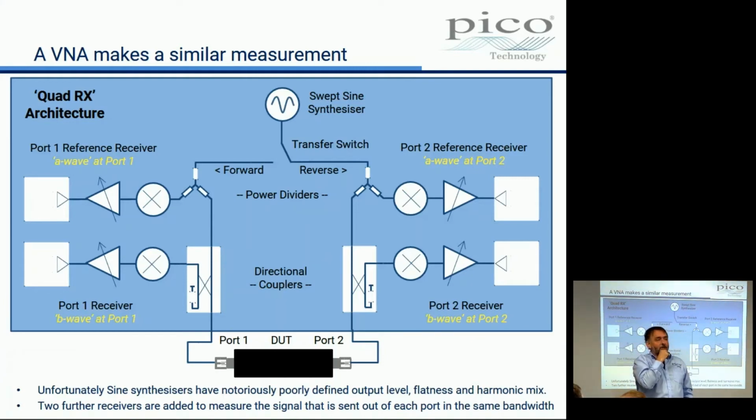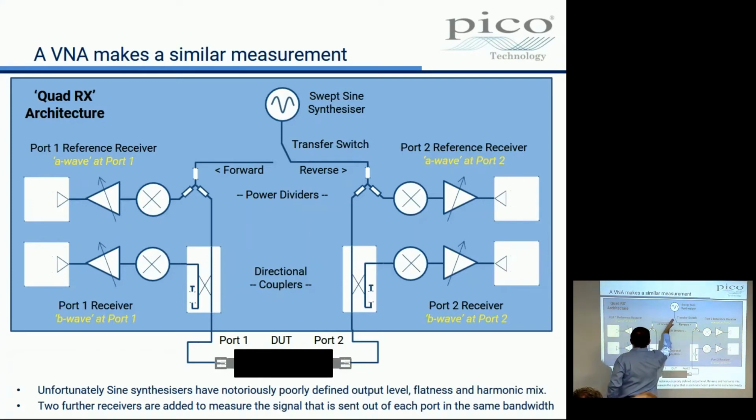If you look at signal generator specs, you'll see specifications around 0.5 dB flatness or 1 dB flatness. Well, that's 10% error if there's a flatness error that big. We need to know this signal much, much more accurately than plus or minus 1 dB. So we're going to introduce further receivers.